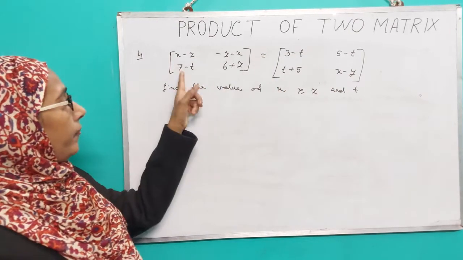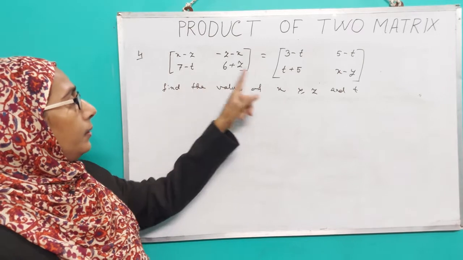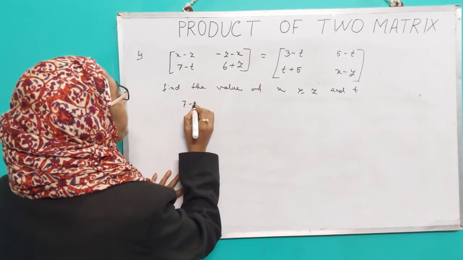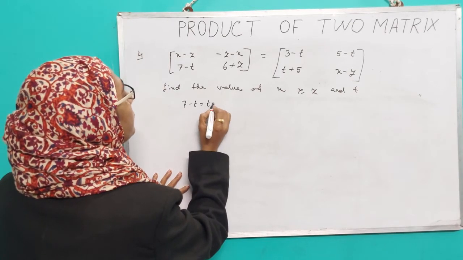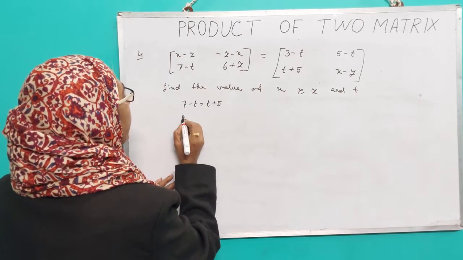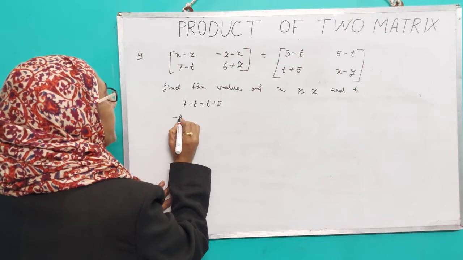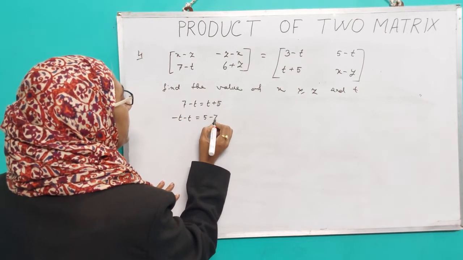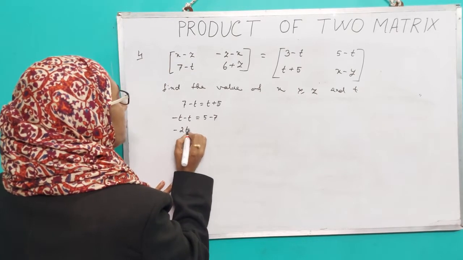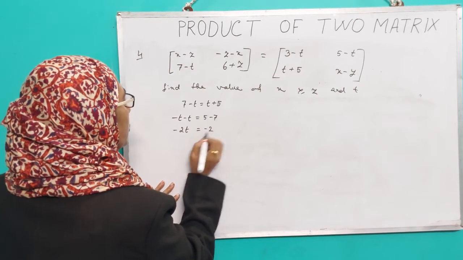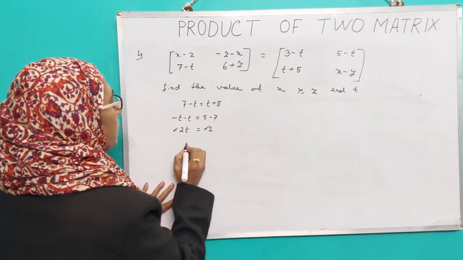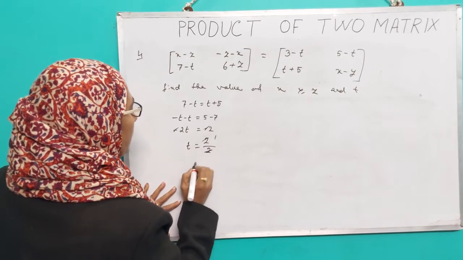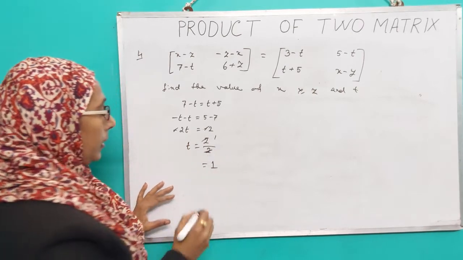Now we start from this one: 7 minus t is equal to t plus 5, so minus 2t is equal to 5 minus 7, minus 2t is equal to minus 2, t is equal to 2 by 2, equal to 1.